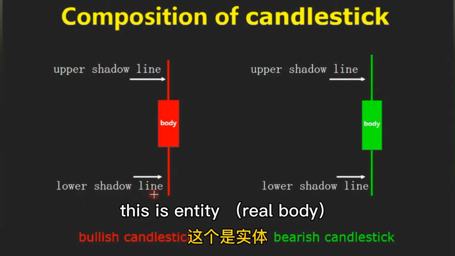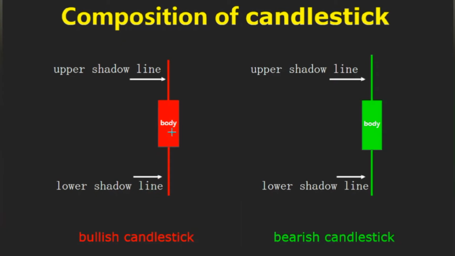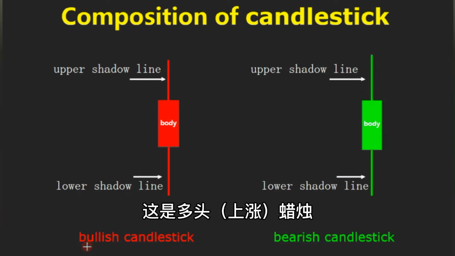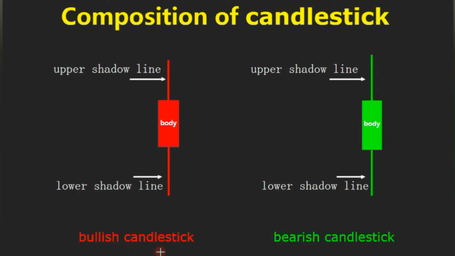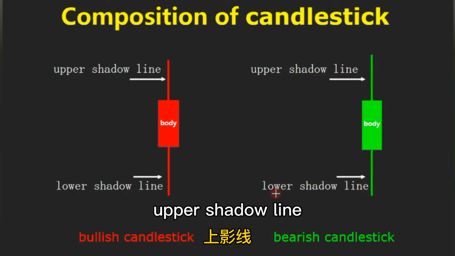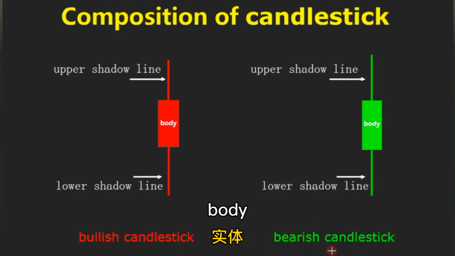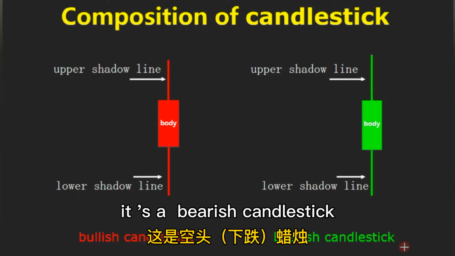This is the entity, the real body. This is a bullish candlestick. This is the same: upper shadow line, lower shadow line, body. It's a bearish candlestick.